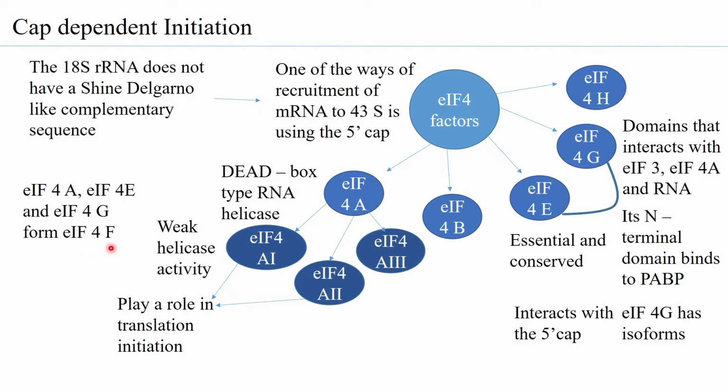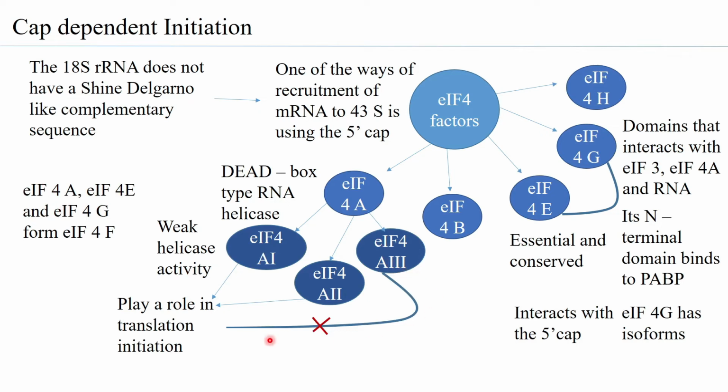This EIF4F complex is formed when EIF4A, EIF4E, and EIF4G come together. So the EIF4F, a combination of 4A, 4E, and 4G, makes the helicase activity greater than if you have only EIF4A.